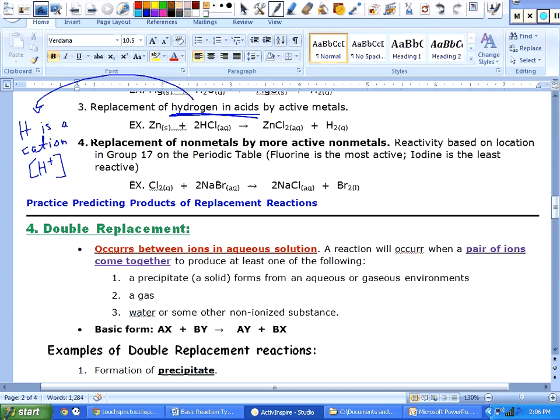All right. So we have zinc going to try to kick H out. What do we need to check to see if it can kick it out? See if zinc is higher on the list. Yes, it is higher. So H is going to be kicked out by itself. My first question is, why is there an H2 right there? I'm telling you, if you don't know your diatomics, you are going to be in big trouble.